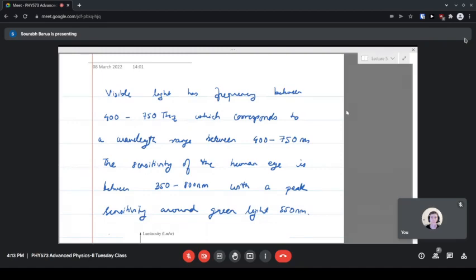Then that is the case of an indirect band gap. Sir, actually, I am using perovskite material in my project work. Perovskite is a direct band gap material, but sometimes it shows non-radiative behavior. How will we understand whether it is an indirect band gap or direct band gap, sir? Okay, so that I am not sure.